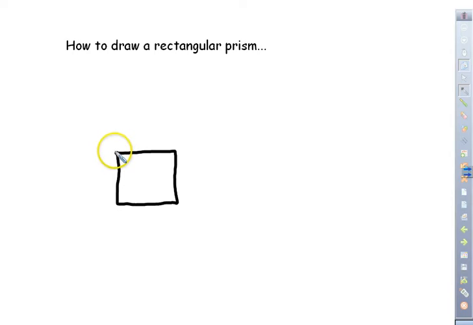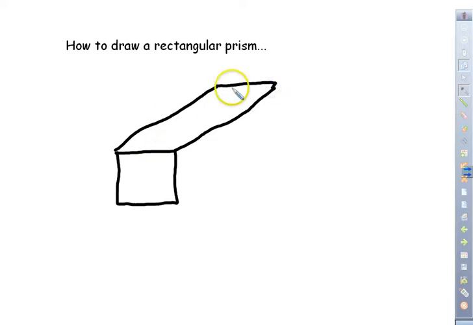Now you're going to take your sides and draw angled lines, and they have to be the same length and parallel to each other. They are the same length from that point to that point and from this point to this point, and then draw this line over to it, because this line has to be parallel to the front of this line.